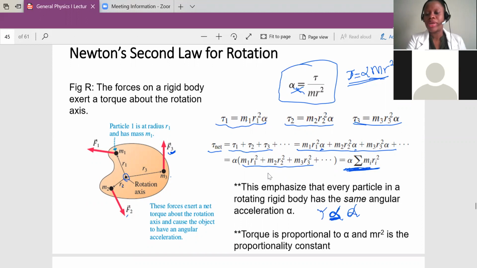And we can say that we brought in the constant of proportionality, which is m r squared. So we now have tau is equal to alpha times m r squared. So m r squared is actually the constant of proportionality in that expression.